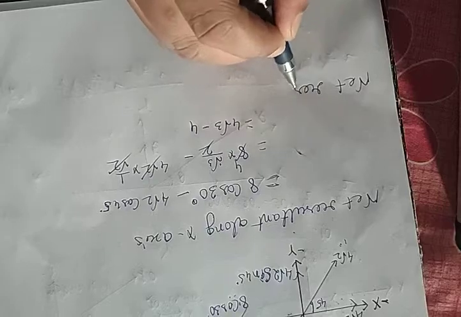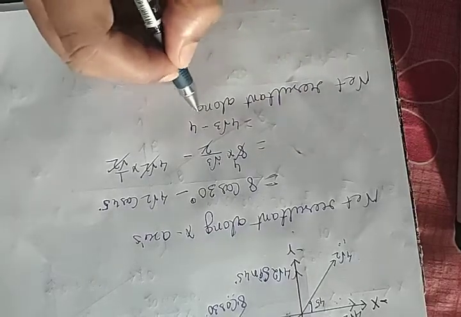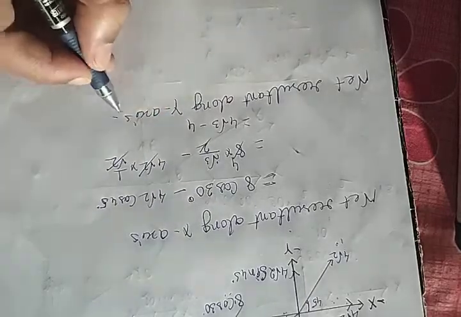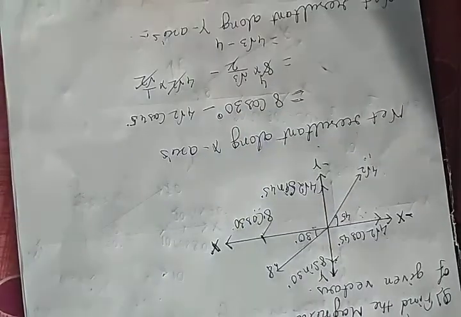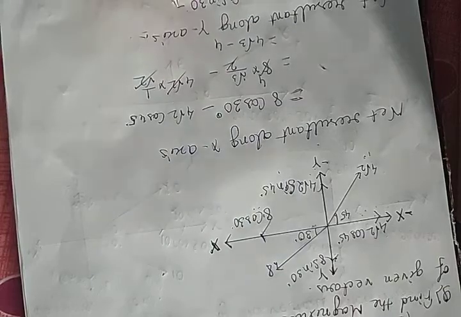Now the net resultant along the y-axis, how much is it? Along the positive y-axis you have 8 sin 30, and along the negative y-axis you have 4 root 2 sin 45 degrees, so you have to subtract.